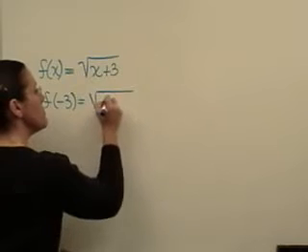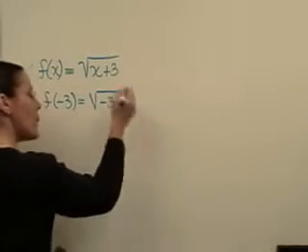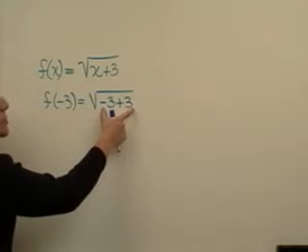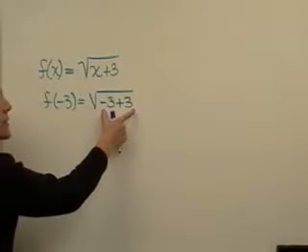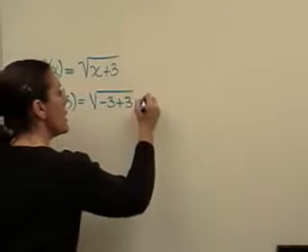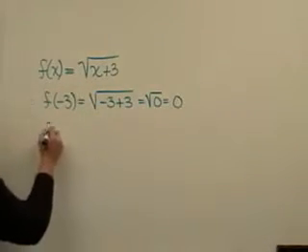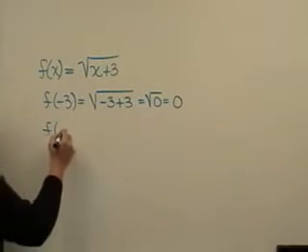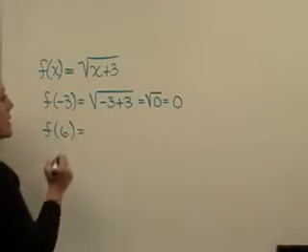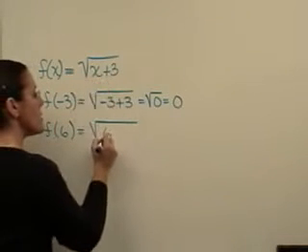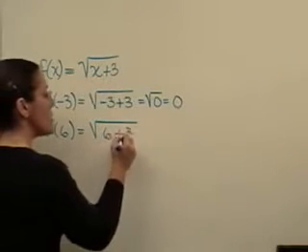So I do that. A radical is like parentheses, so do what's underneath first. In this case, negative 3 plus 3 is 0, and the square root of 0 is 0. I might ask you to evaluate the radical expression with a value of 6 in the place of x. So I'm asking you to substitute in a 6 for x, then bring that plus 3 along.